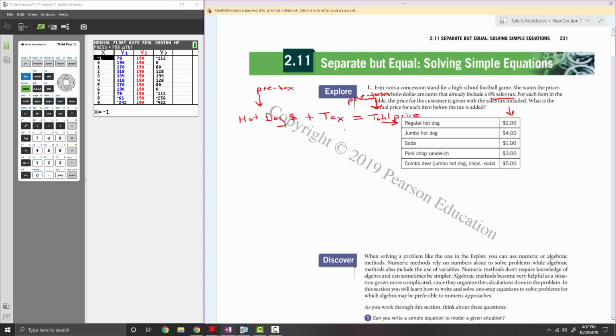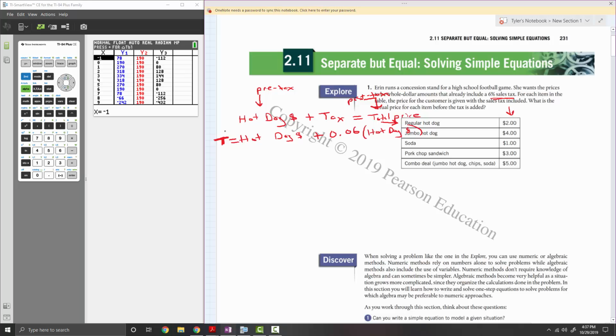So then you have to think about, well, how is tax calculated, right? So we would have our pre-tax hot dog price, right? And then we'd have to add in 6% times the hot dog price, right, to equal the total price, right? So I'll just use T for total, right?